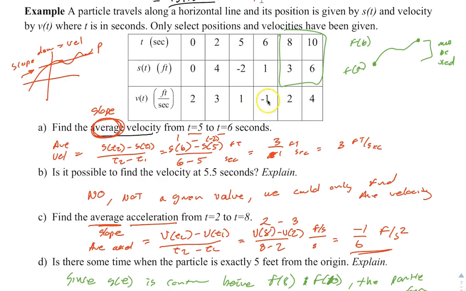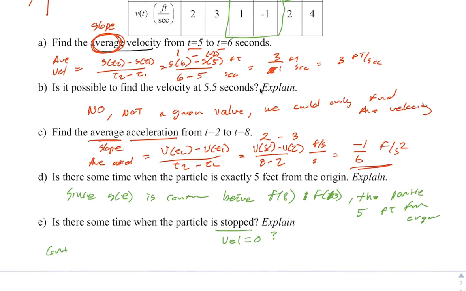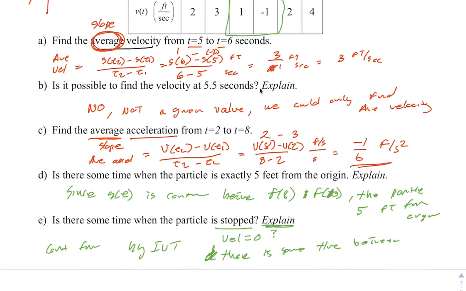And right here, right? When you change from negative to positive, you have to skip past 0. So likewise, since it's a continuous function, by IVT, there is some time between 5 and 6, between v of 5 and v of 6, where v of t equals 0.